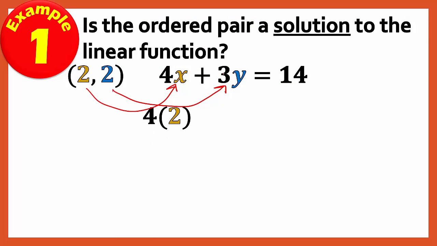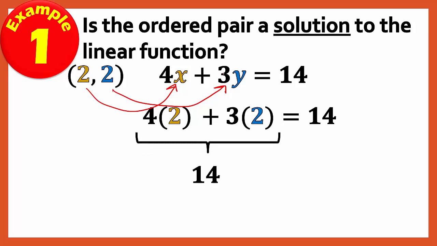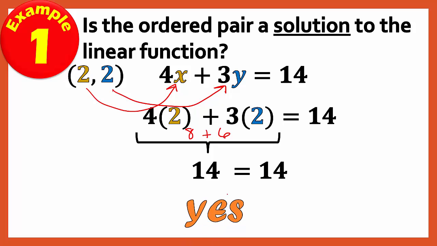So we plug in 2 for x and 2 for y, set it equal to 14. 4 times 2 is 8, 3 times 2 is 6, so we have 8 plus 6, which does equal 14, which matches what's on our right side. So yes, it is a solution.